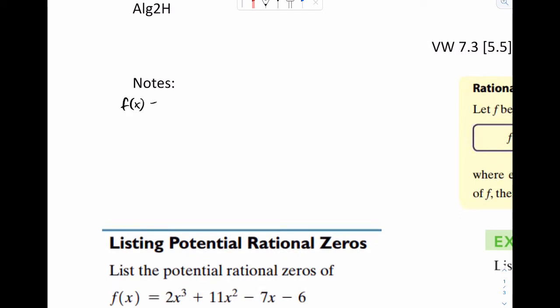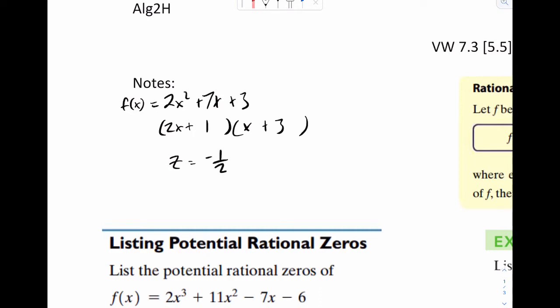Let's say here's our function, 2x squared plus 7x plus 3. If I told you to find the zeros, you would simply factor: 2x plus 1, and then x plus 3. And you would tell me, well, the zeros are negative 1/2 and negative 3.